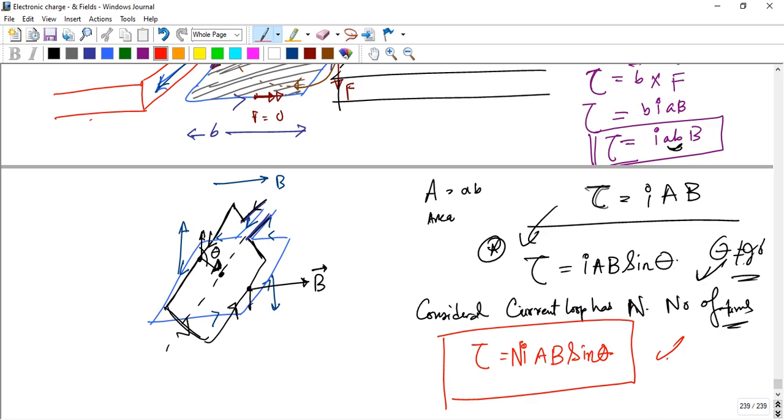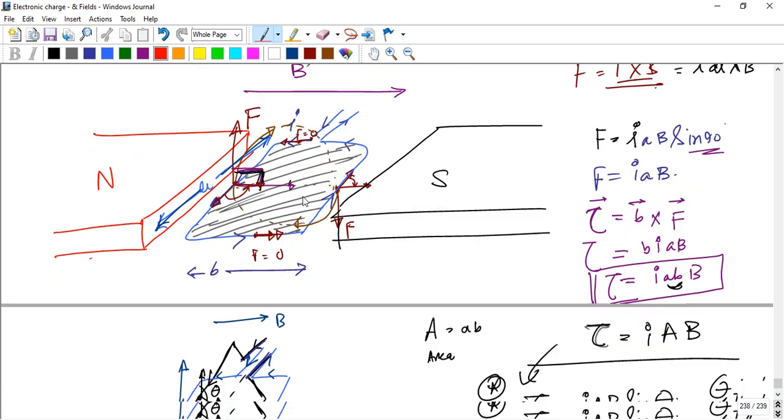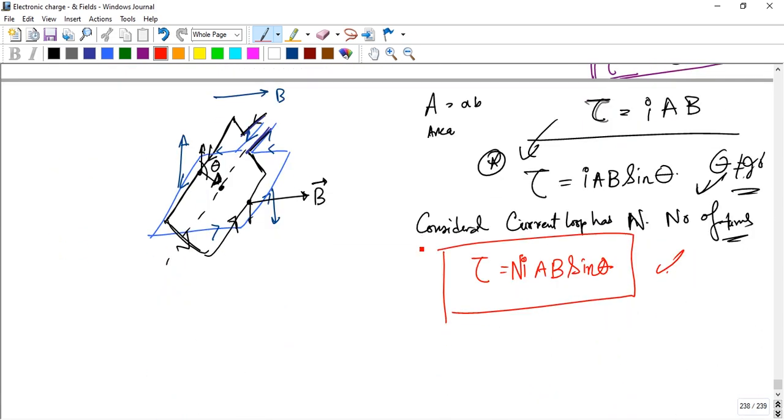And torque actually means a rotating vector. So here now we jump to today's concept, the magnetic dipole moment. The torque rotates the current carrying coil placed in a magnetic field. Suppose that is north, here is south.